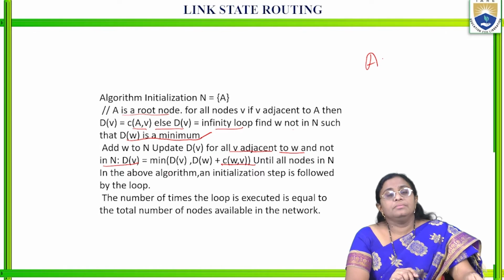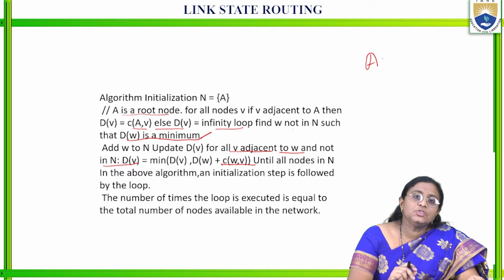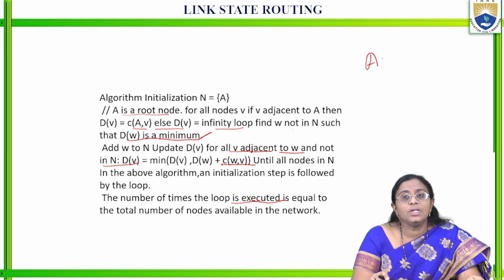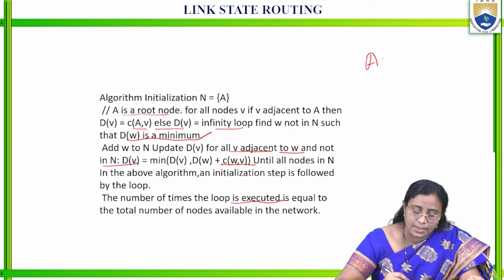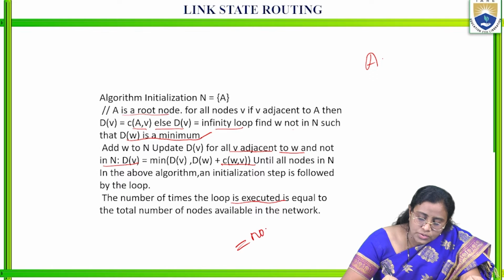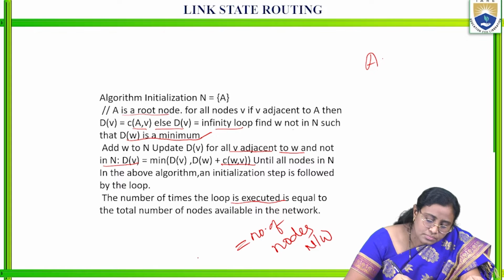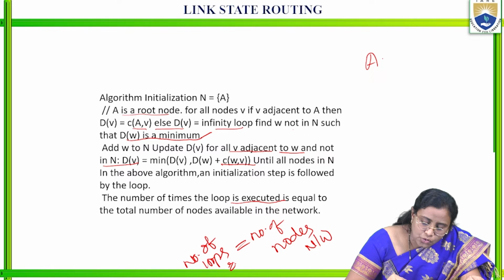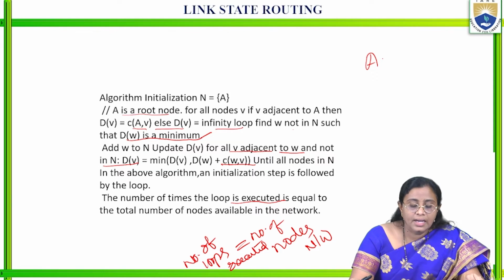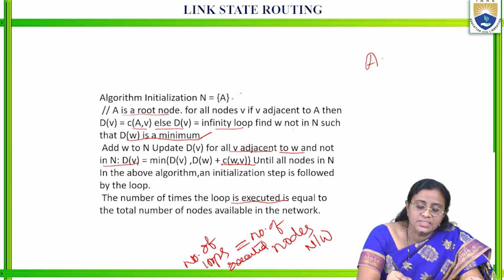In the above algorithm, an initialization step is followed by a loop, and the number of times the loop is executed is equal to the total number of nodes available in the network. This is nothing but the algorithm initialization, in which A is a root node.